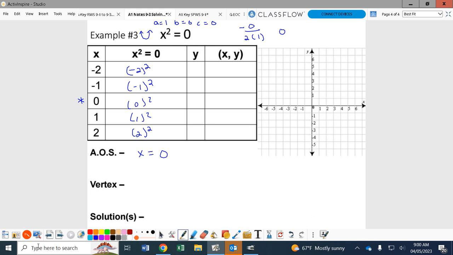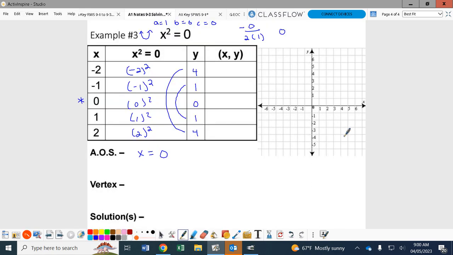What is -2 squared? -1 squared. 0 squared is just going to be 0. 1 squared is going to be 1, and 2 squared is going to be 4. Do y'all see the mirror? Here and here. See how they match? That's what they should do. If they don't, you got a problem in your numbers.